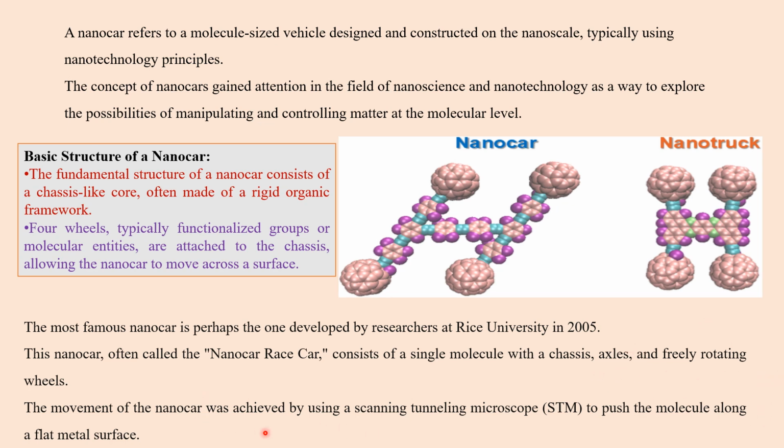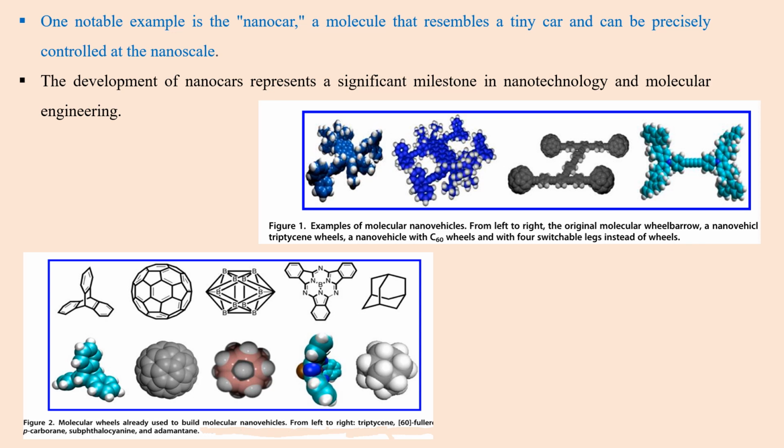The movement of these nanocars was achieved by using scanning tunneling microscopy, the same scanning tunneling microscopy used in nanomanipulation to push the molecule along a flat metal surface. One notable example is a molecule which resembles a tiny car and can be precisely controlled at the nanoscale. The development of the nanocar represents a significant milestone in nanotechnology and molecular engineering.